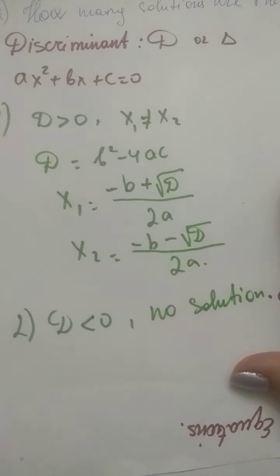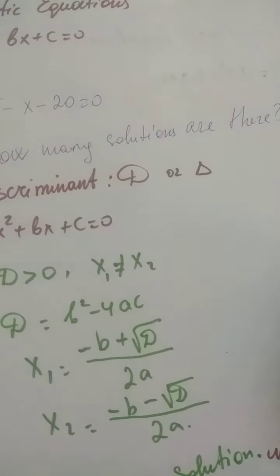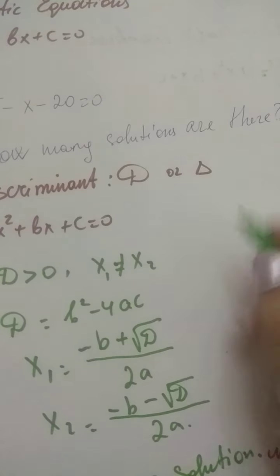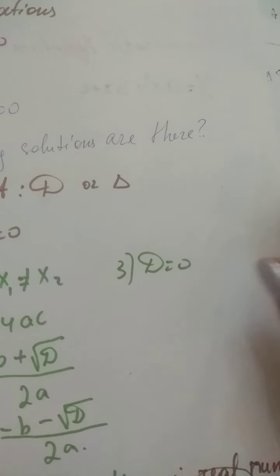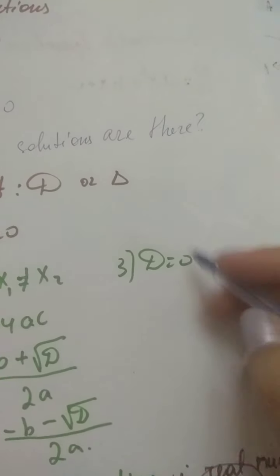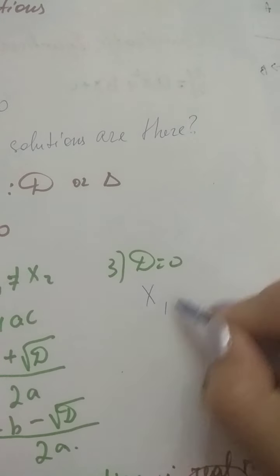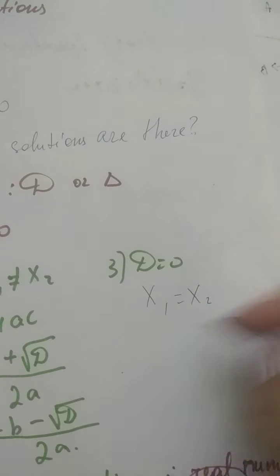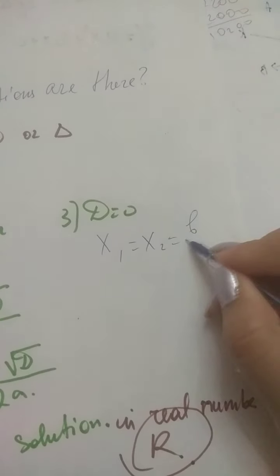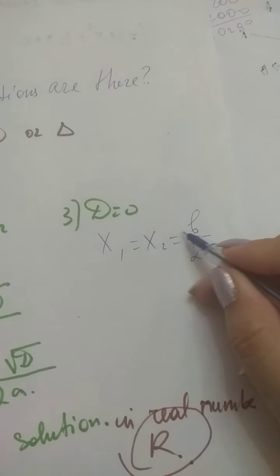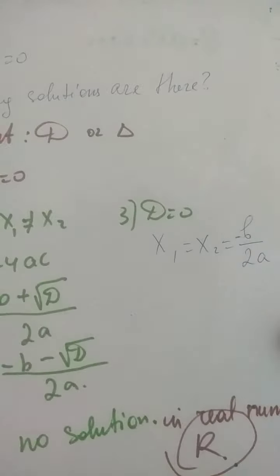Okay, so then the third one is discriminant equal to 0. If discriminant is equal to 0, this means we have one solution. One solution means, for example, if you get discriminant equal to 0, then x1 and x2 are equal to each other, because both of them are equal to negative b divided by 2a.